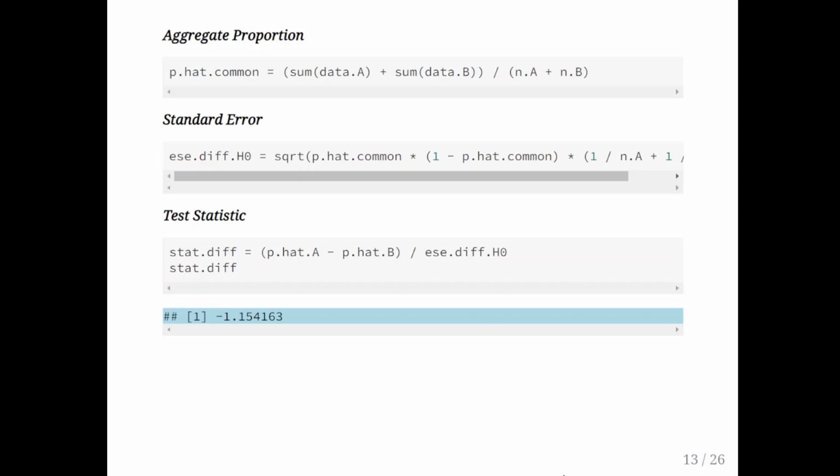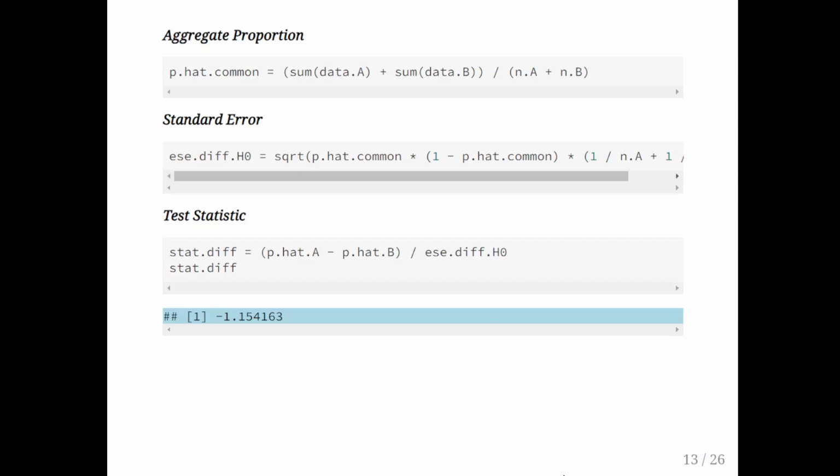Here we use the aggregate proportion, the total number of electric cars out of the total number of all registered cars, sum of data.A plus sum of data.B divided by NA plus NB. So p hat common essentially gives the proportion of electric cars over the two populations. The standard error is based on that.